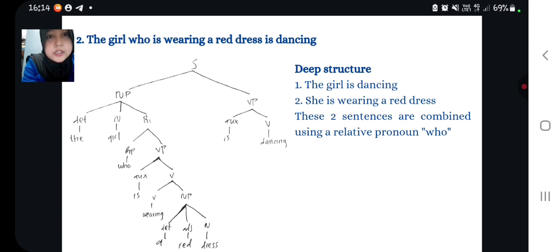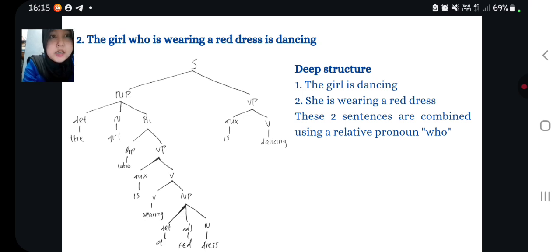Relative clause contains relative pronoun who, and then verb phrase. There are auxiliary and verb. Auxiliary is, and verb is wearing, and then noun phrase. There are determiner a, and adjective red, and noun dress. And then verb phrase. There are auxiliary is and verb dancing.